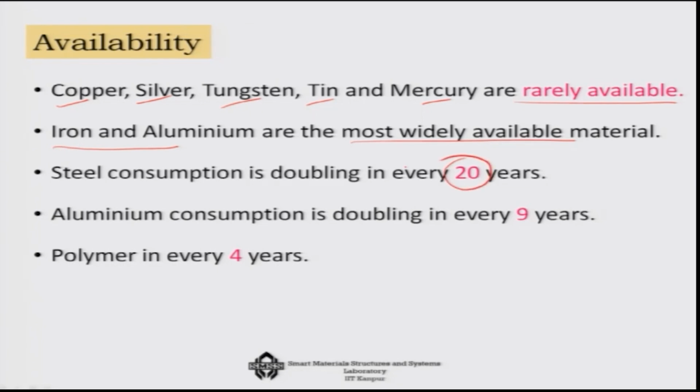So, it is taking time and it is cheaper. Aluminum consumption on the other hand is doubling every 9 years, so it is going at an even faster rate, and polymers every 4 years. So, you have to be cautious of the fact that at this point of time polymer is the most popular material, having the highest demand, next is aluminum and next is steel. So, accordingly you should select the material.